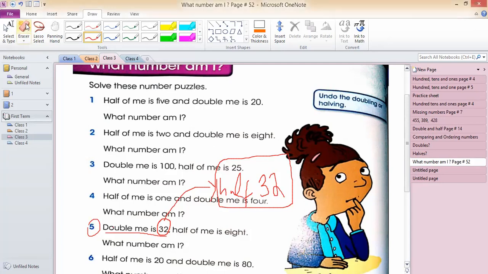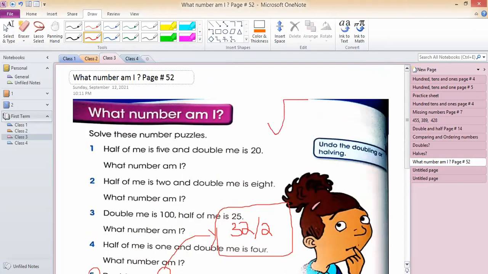Look, guys, double of me is 32. Find out half of 32. How do you find half of 32? By dividing 32 by 2. So you write 32 inside and 2 outside. Check the table of 2. Is there 3 in the table of 2? No. Then you will write 2, 1, 2. 2 multiplied by 1 equals 2, and then subtract 3 minus 2, 1.